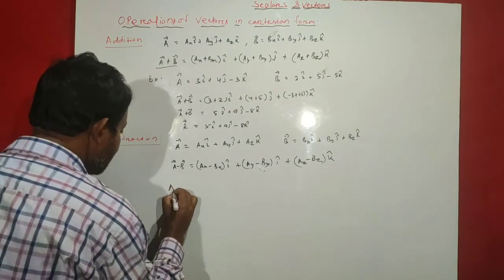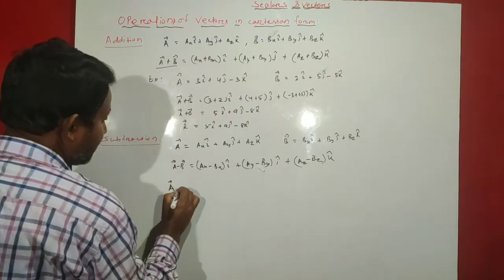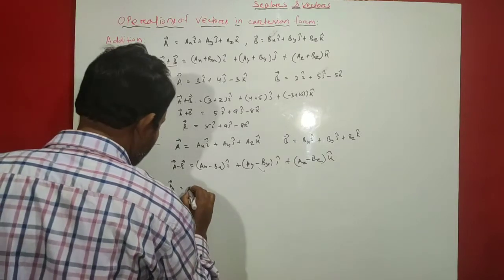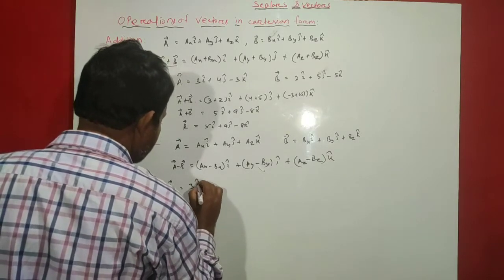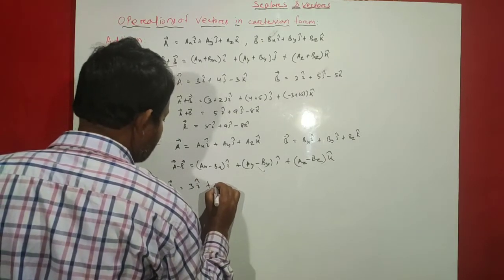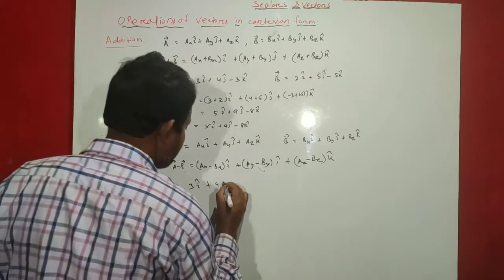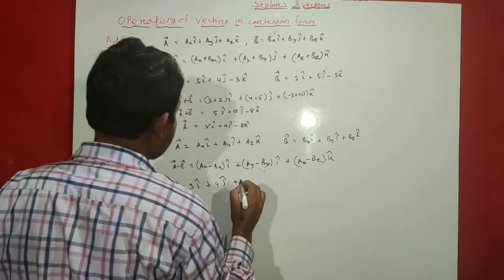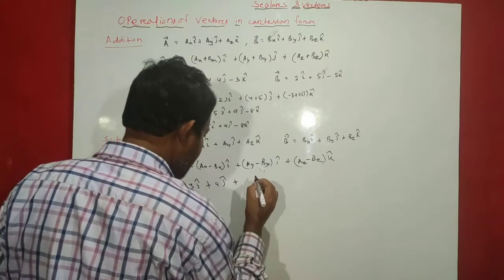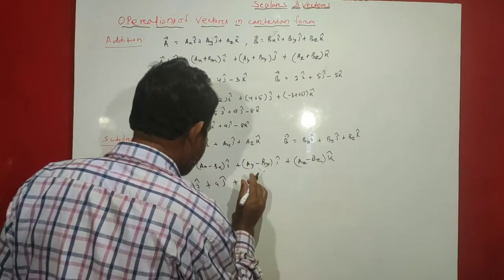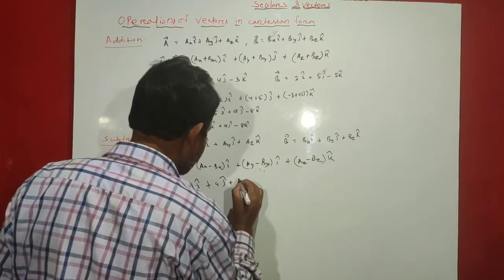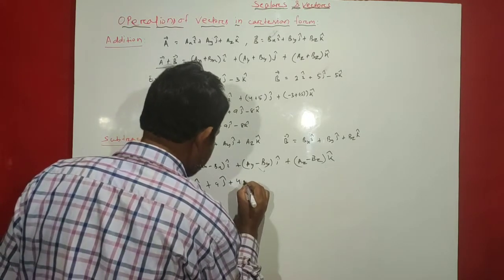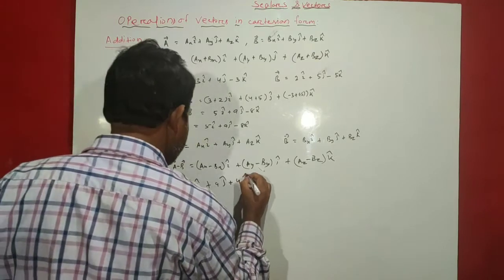Take an example. Let a equal to 3 i cap plus 9 j cap plus 4 k cap.